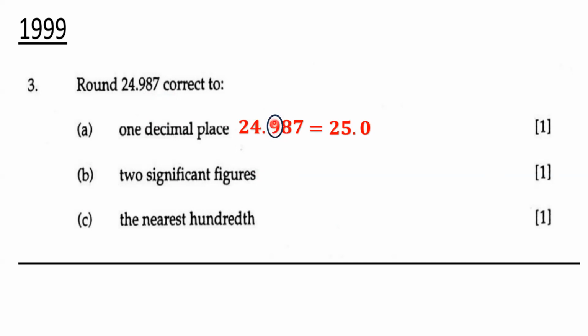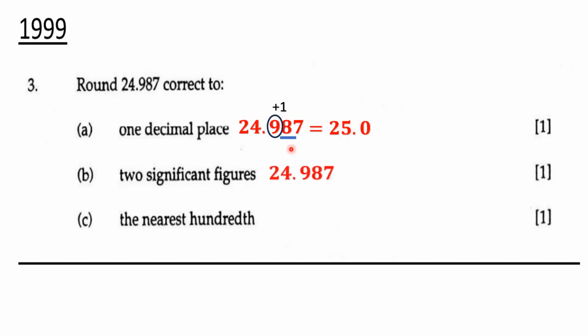We circle the 9 and underline the 8. Please note that 8 is greater than 5, so it means we have to add 1. 9 plus 1 is going to be what? 10. So we put the 0 down and we add the 1 to the 4. So that makes it 25.0.